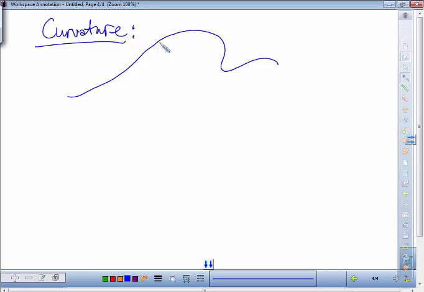So you can imagine maybe a point over here and a point over here would have two different values of a curvature. So just by looking at it, which one looks like it's more curved, A or B? This is A, and this is B. So B looks like it has a larger curvature, right? And then A looks like it has less curvature.